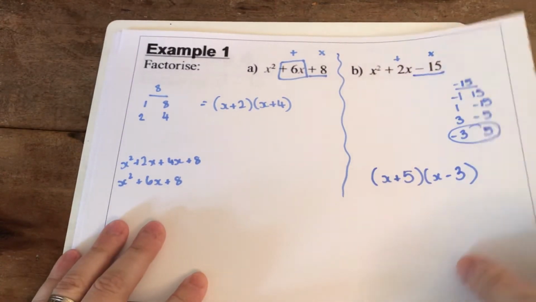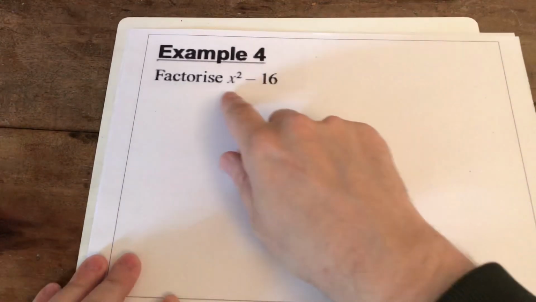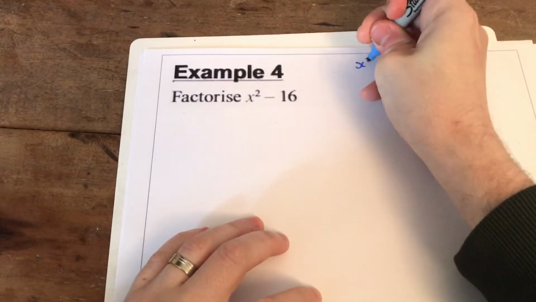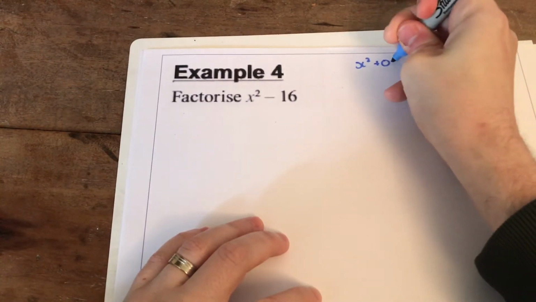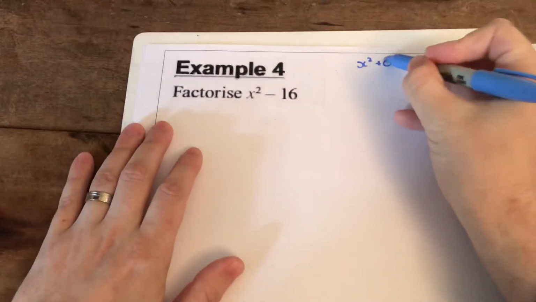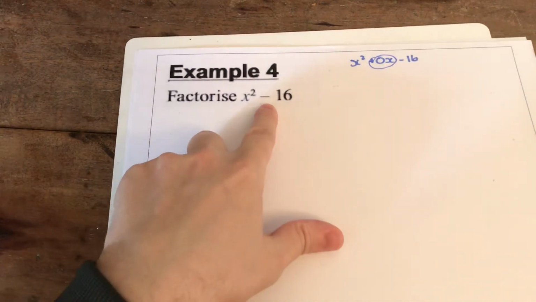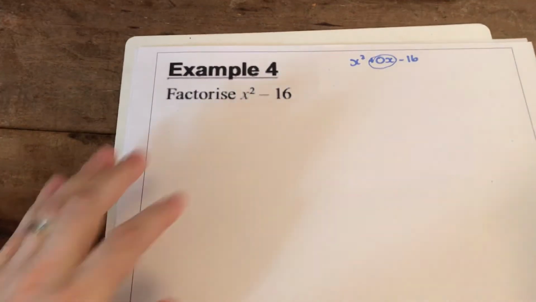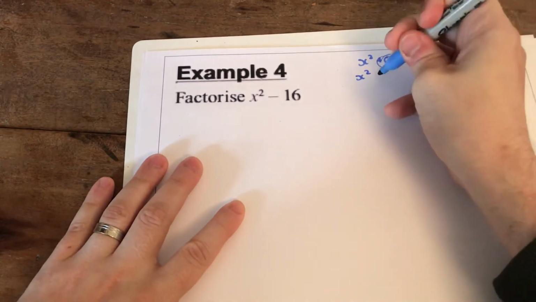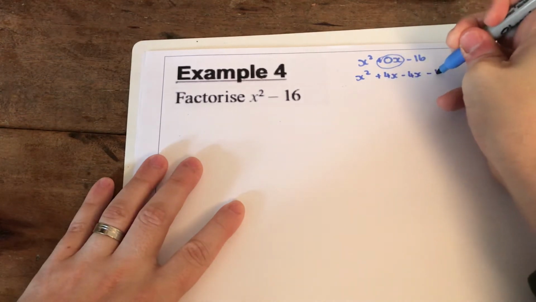Now, for our next example, notice that there are only 2 terms. That's the same as x squared add 0x minus 16. Your middle numbers have cancelled out. Now this is called the difference of 2 squares, because what's happened here is you've had x squared, for example, plus 4x minus 4x minus 16.